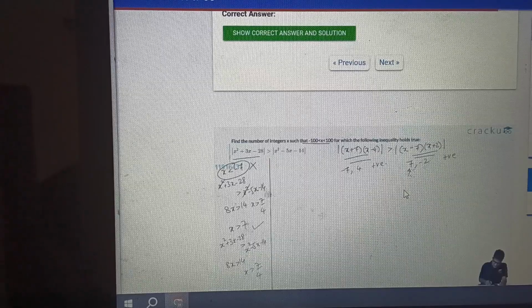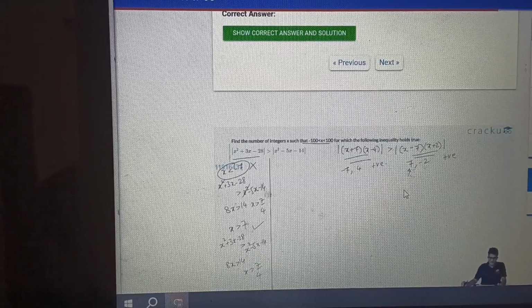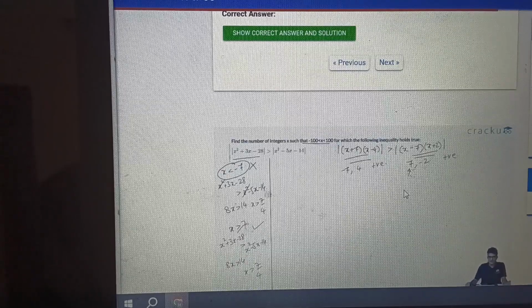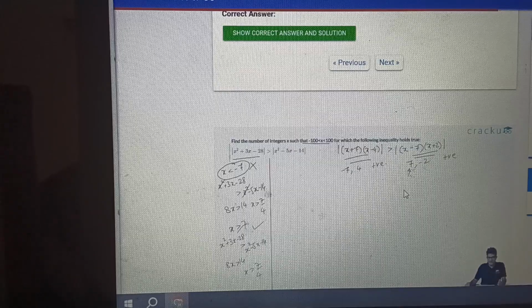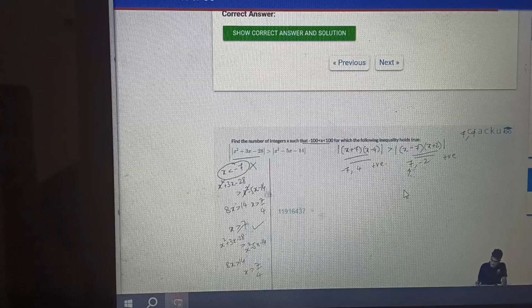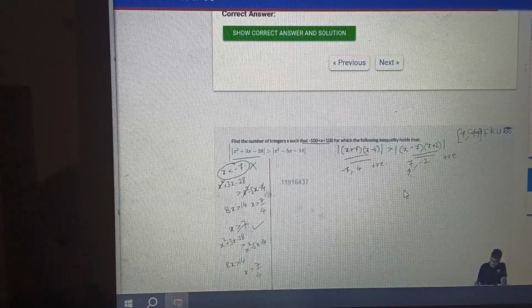This is true for all the values of x which are greater than 7. In fact, even if you include greater than or equal to 7, it won't really change. So all the numbers which are greater than 7 and less than 100 will satisfy the given inequality. So 7 to 99, all of them will satisfy the inequality.